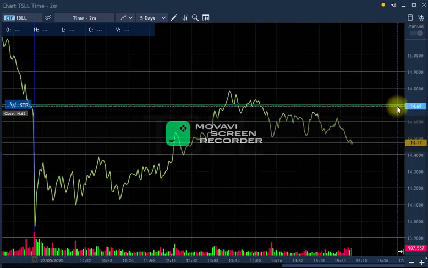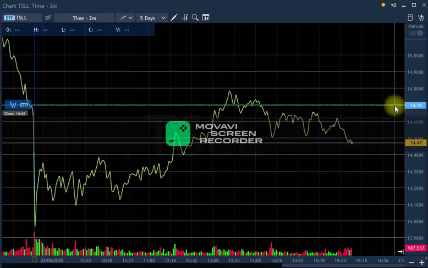Once the price reaches 14.70 and the 14.70 price is executed, the platform is going to buy for me, assuming there are shares to sell at 14.70, 10 shares at 14.70.